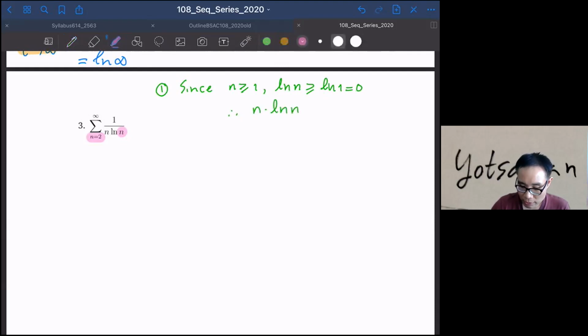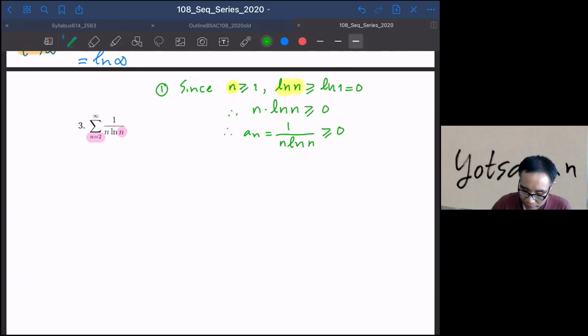You have this yellow guy and this yellow guy multiplied to each other, so you get positive. Positive times positive turns out to be positive, and you flip this one up, so you have 1 over n log n is positive. Okay, so that will be the first step.